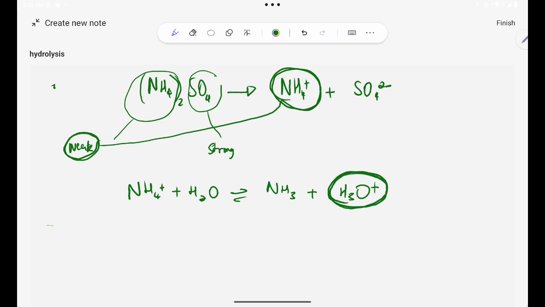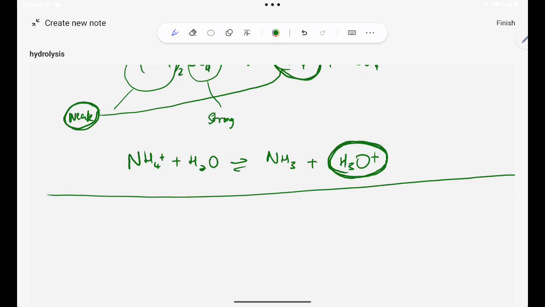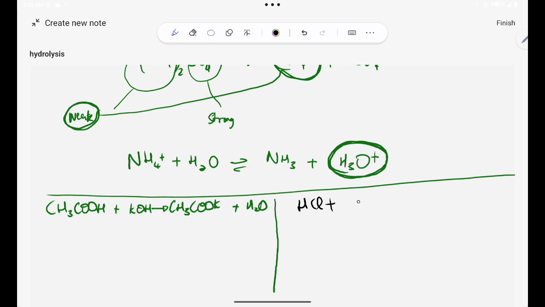Are you together? Please try this one on your own. Let's say you have ethanoic acid plus potassium hydroxide, obviously giving us CH3COOK plus water, and then we have HCl, hydrochloric acid, plus ammonia, which is a gas.